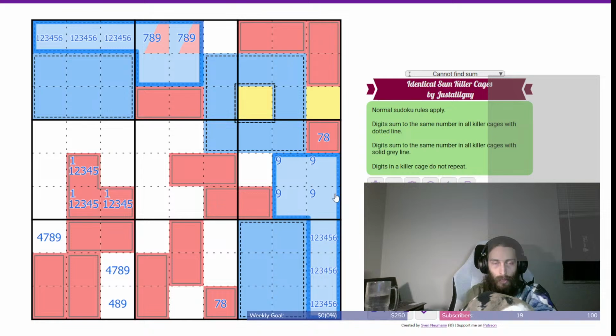No, because if the missing digit from the ring was also not in these, which are missing 2 digits, it would be missing too much. So yellow must be in here. We know it's not in these, so yellow must be in here.